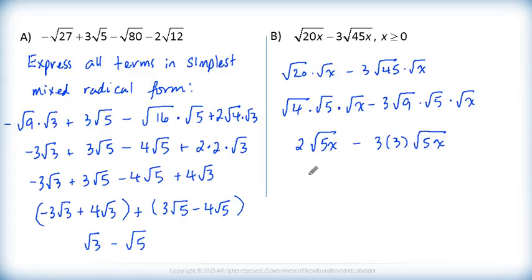So we've really got 2 root 5x minus 9 root 5x. They're now like radicals. 2 minus 9 is negative 7 root 5x. And I'll restate the restriction that was given to us. x is greater than or equal to 0.